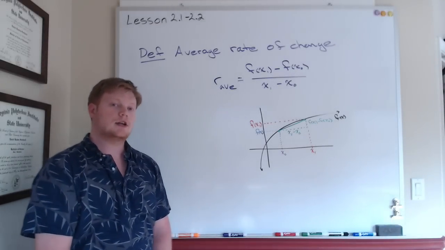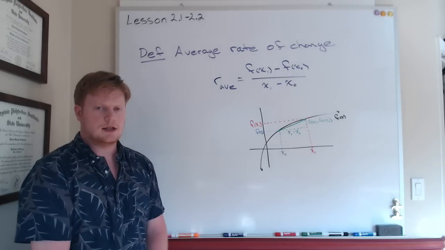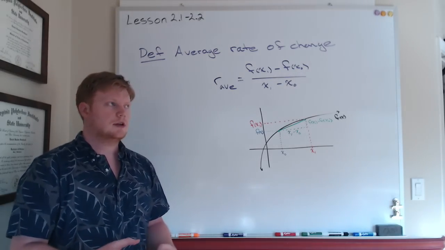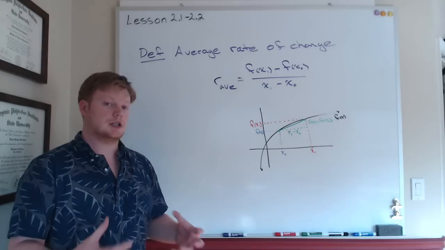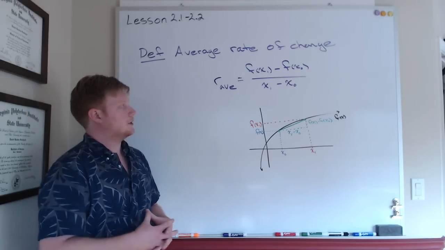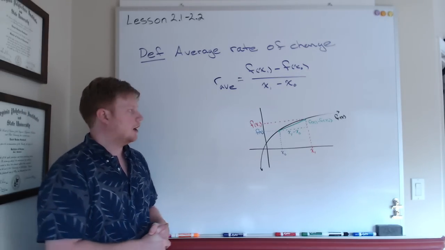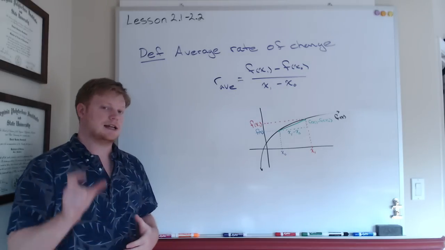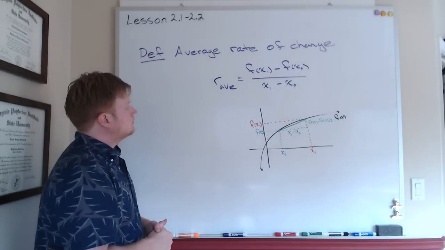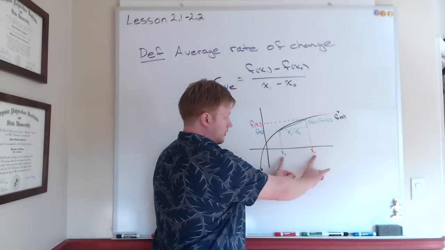Okay, the next definition I want to look at is average rate of change. It's very similar to the last definition that we looked at. The last definition really focused on the equation of the tangent line, whereas this is the average rate of change of a function, which can be thought of as the slope part of the tangent line. However, the average rate of change typically occurs over an interval.